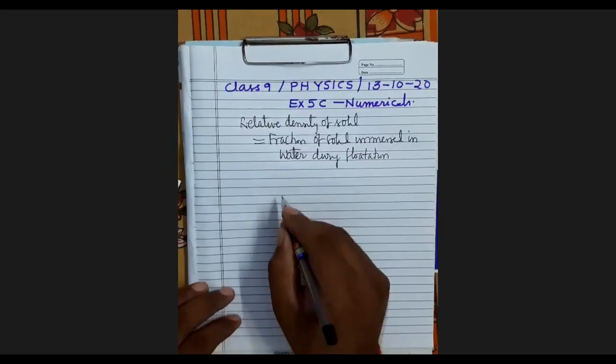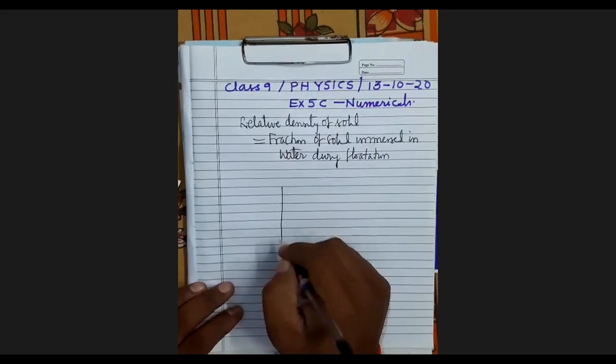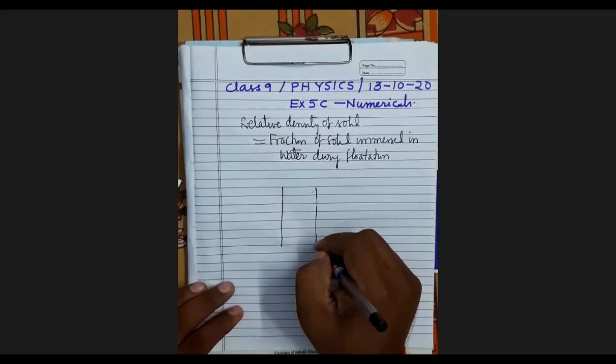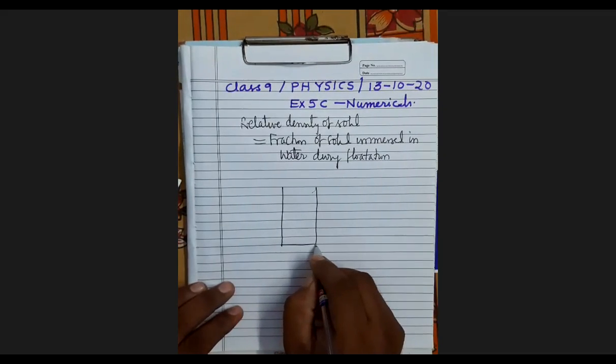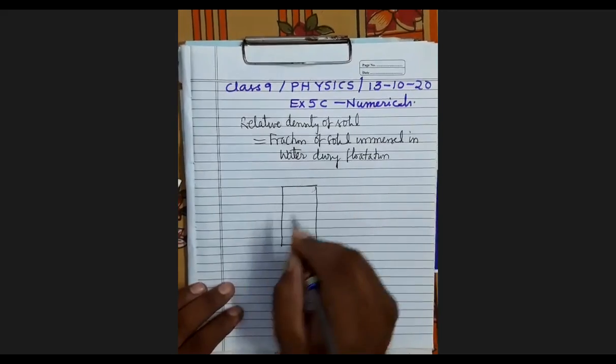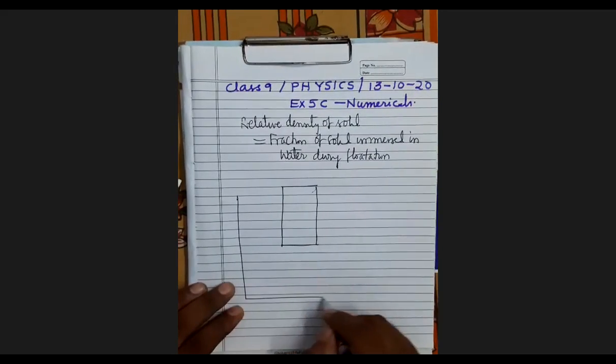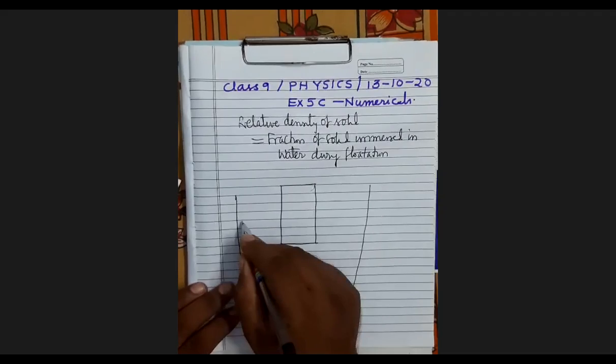Now suppose this is a body. Here this is the body and it is floating in water.